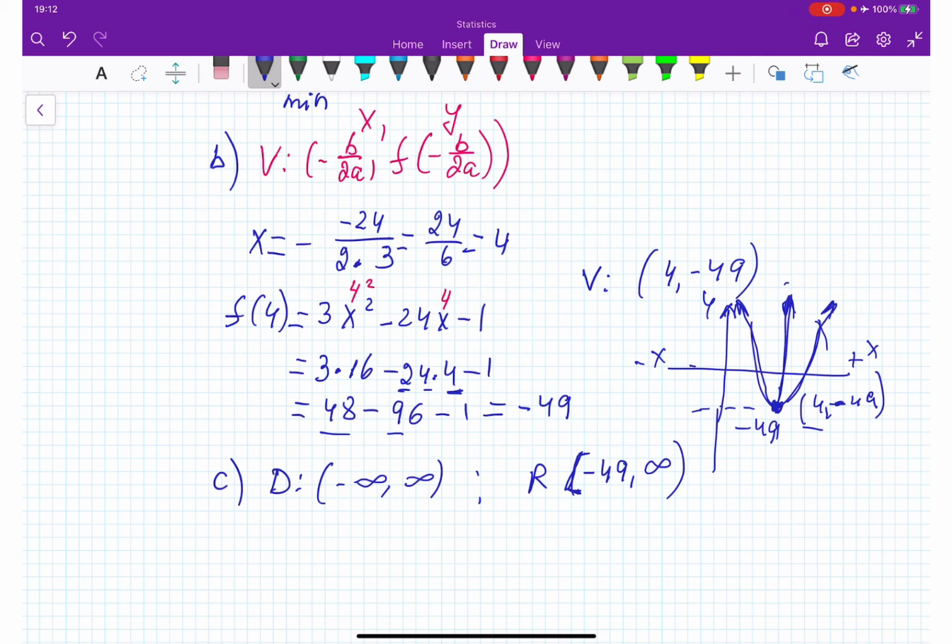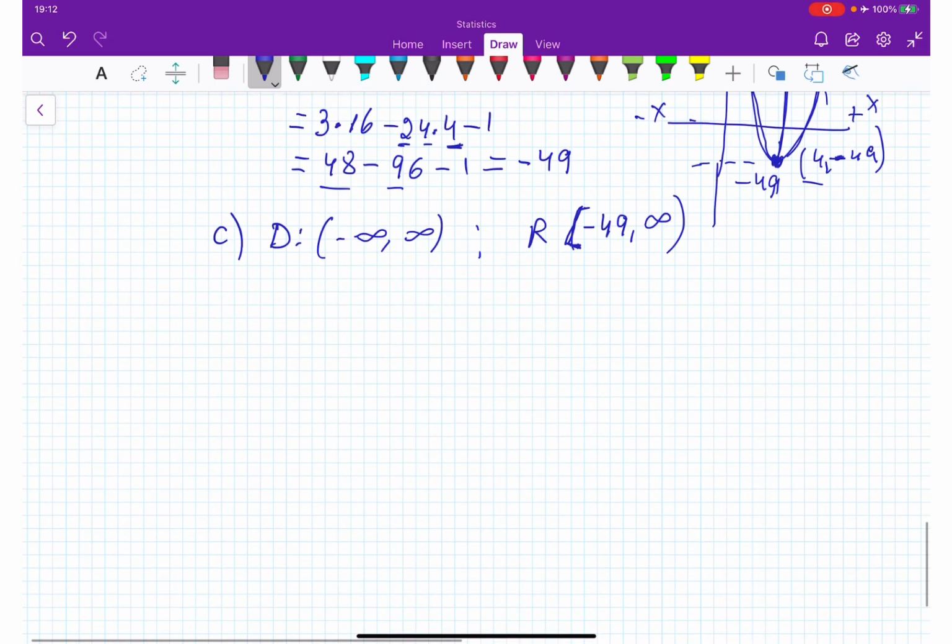Question number 11. Next problem, we have f of x is equal to negative 3x squared, we have a negative sign, plus 30x and minus 8. So for part A, what do we have?